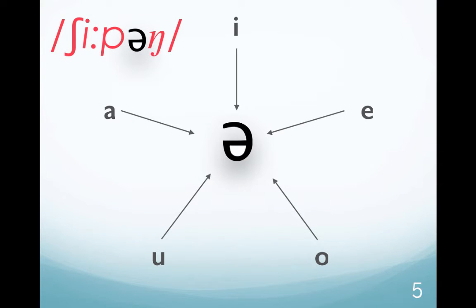Remember what I was telling you last time, that vowels in unstressed position become schwas or weak vowels. In this case, the stress is prominently placed on the first syllable, not the second.